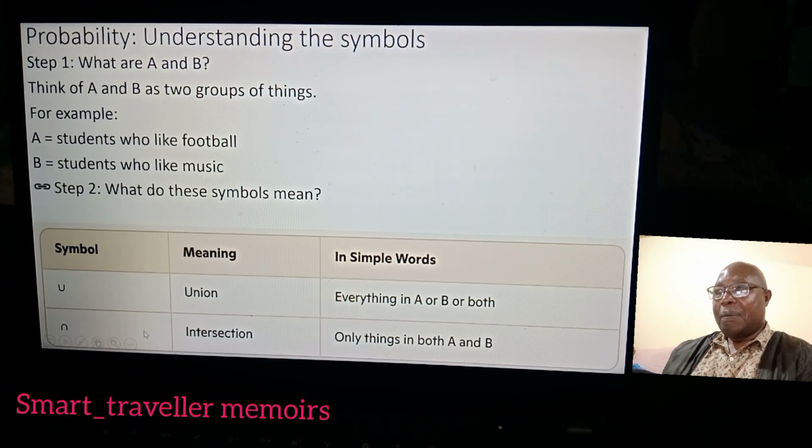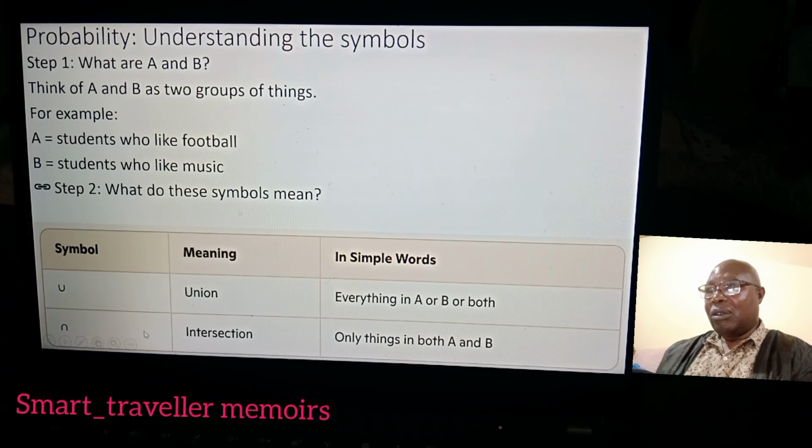So, the U means union. In simple words, it represents everything in A or B or both.